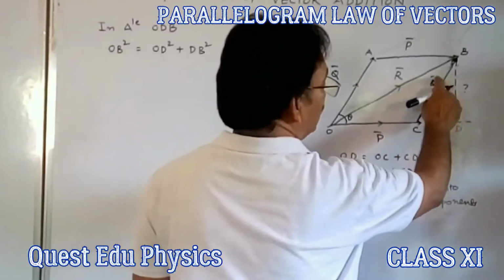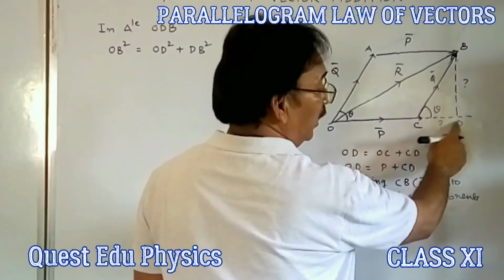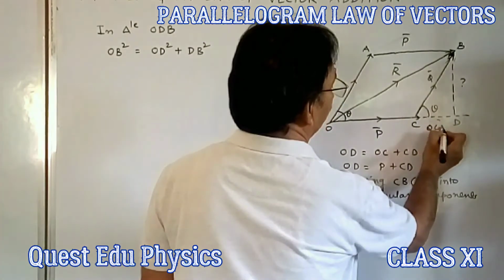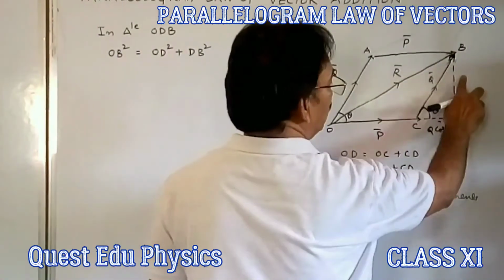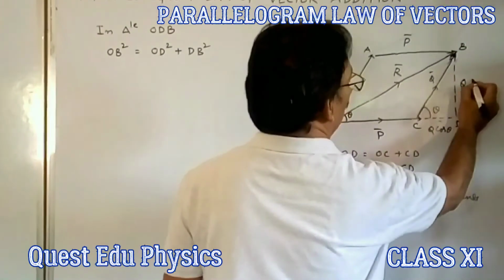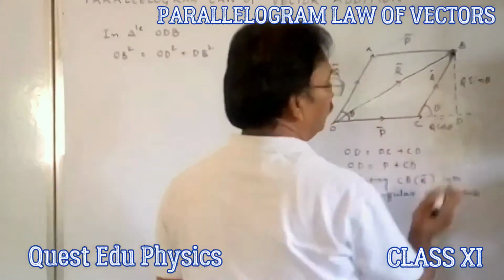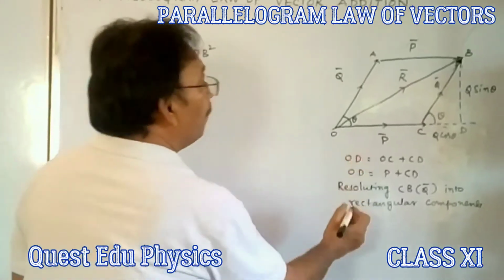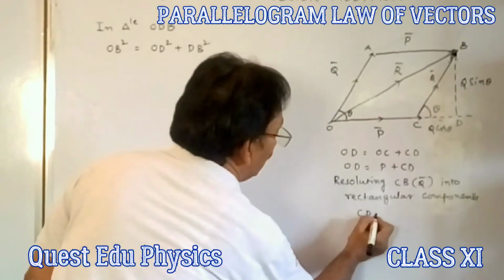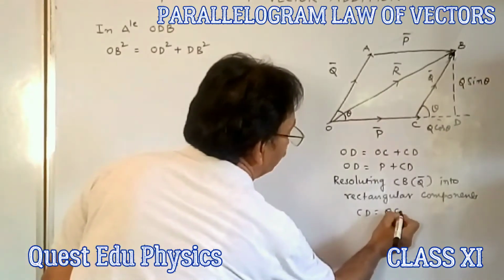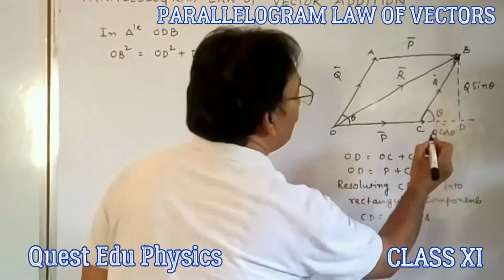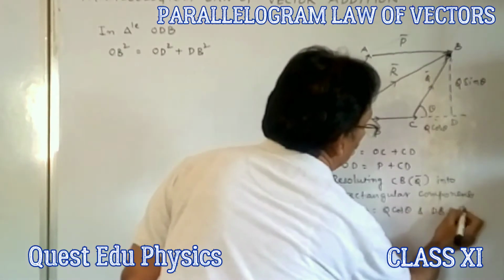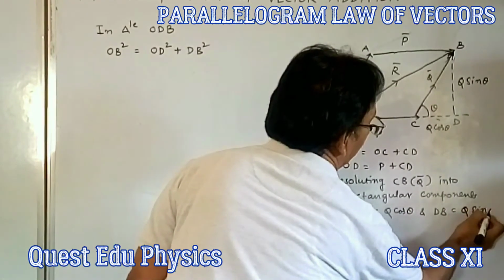What we get is the Q, and I already told you it is cos theta. That means it is Q cos theta, and the other is Q sin theta. I hope you understood. In another topic only I explained that. CD is equal to Q cos theta, and DB is equal to Q sin theta.